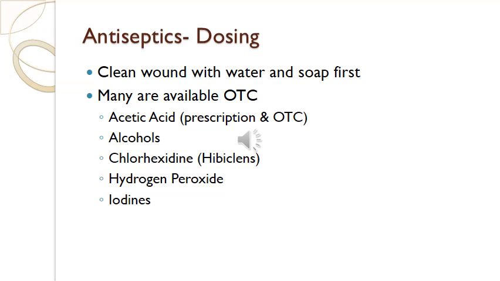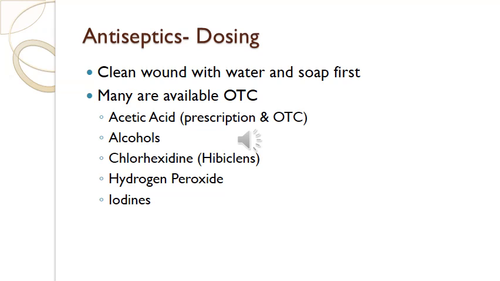Particularly your alcohols, hydrogen peroxide, and iodines are actually cytotoxic. In other words, they will kill the cells that are utilized in healing. So while they will destroy any type of microorganism, they'll also injure the wound bed and limit the healing.